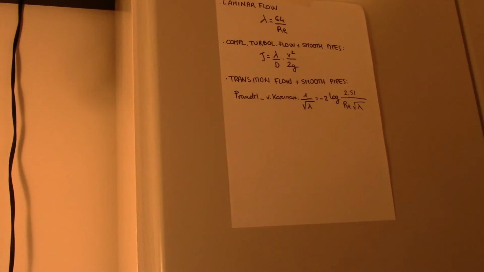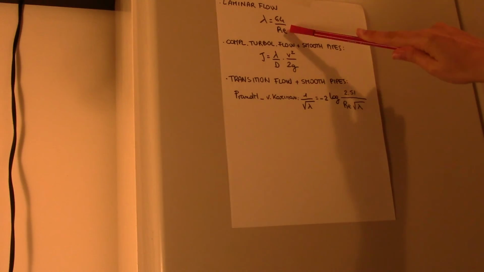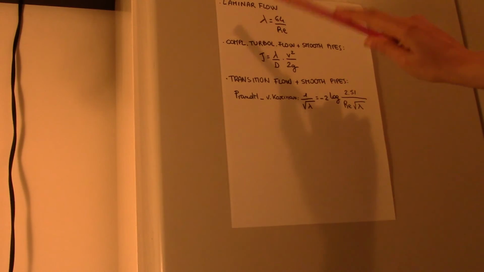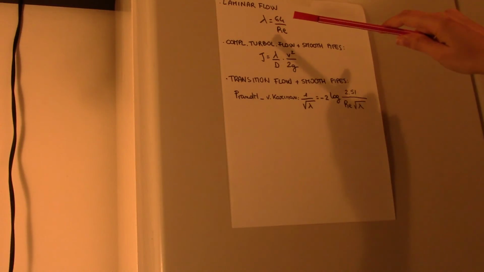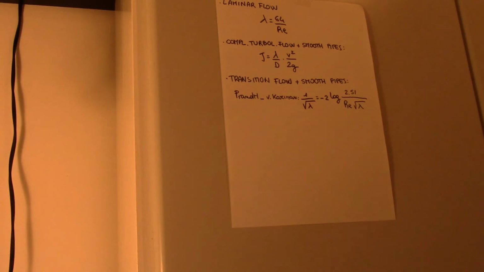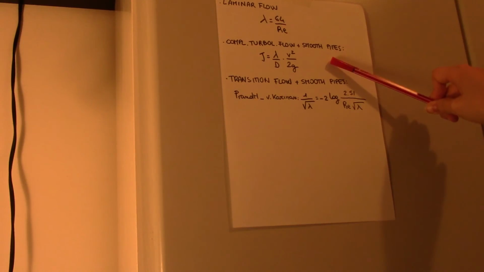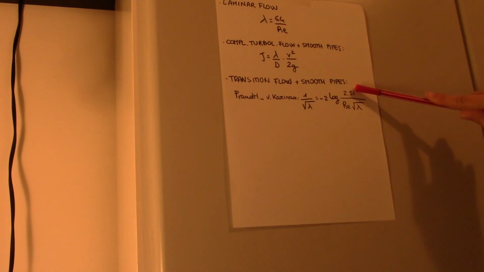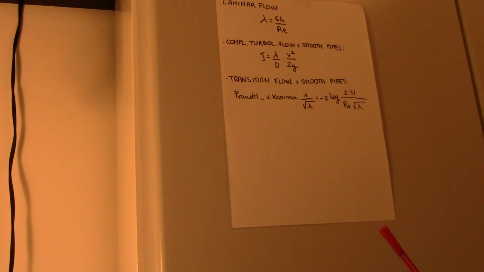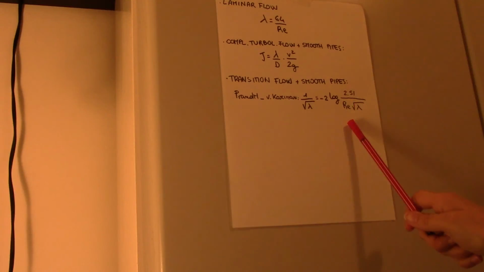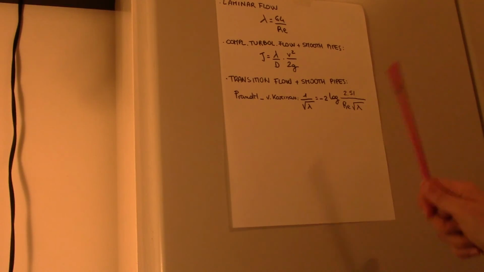Alright, so dependence of lambda: lambda depends on Reynolds, laminar case. Completely turbulent flow, nothing more to say right now. Transition flow in smooth pipes, we can say that lambda is dependent on, again, the Reynolds number, and that's true, but also on lambda itself. Let's see how it can be defined.